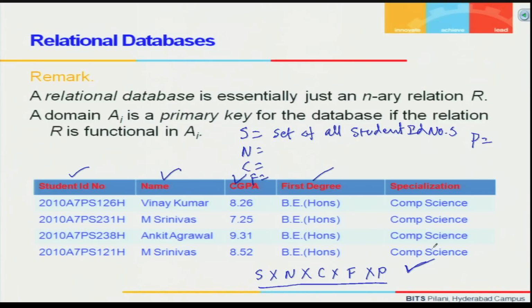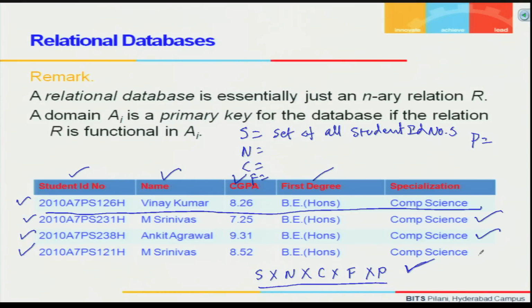Then because I am considering 4 students' data, I will get these 4 tuples, because all these things correspond to a single student. This corresponds to one student, this corresponds to one student, this corresponds to one student. So only 4 tuples I will get. All others are meaningless data.